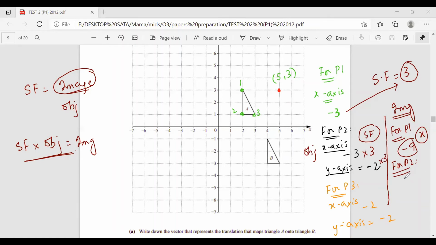You will get -9 on x-axis and -6 on y-axis. Similarly, for P3, you have to multiply it by scale factor, that is multiply by 3 and multiply by 3. You will get -4 on x-axis and -6 on y-axis. Now it helps you to draw your diagram.